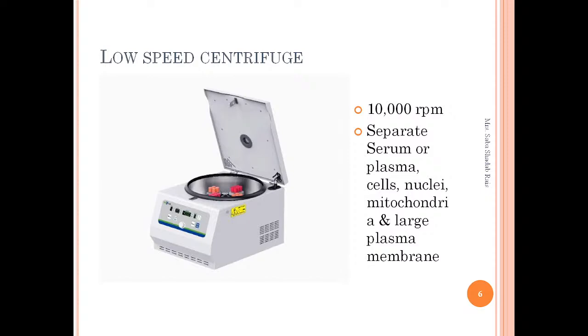We want intact cells, then nuclei, larger mitochondria, or maybe large plasma membrane fragments, etc. Usually, basically, this particular centrifuge machine is used for the separation of plasma and serum.